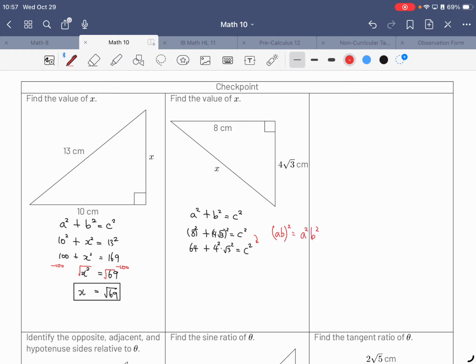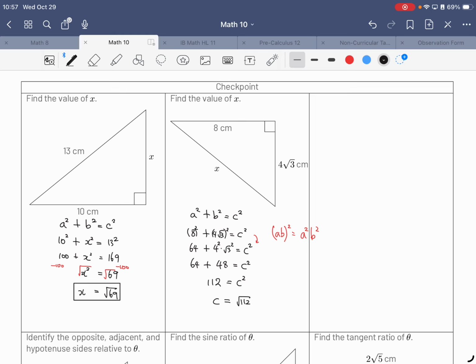Or you can just plug 4 square root 3 into the calculator, and then square that, and you'll probably notice that you get 16 times 3, which is 48. So what is 64 plus 48? That's 112 equals c squared. So c is equal to the square root of 112.